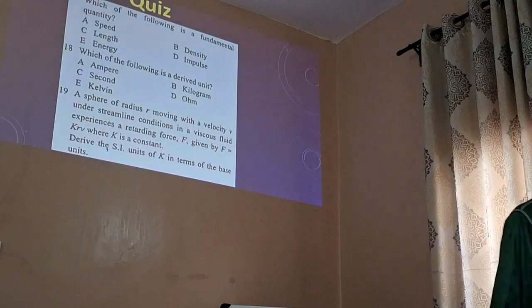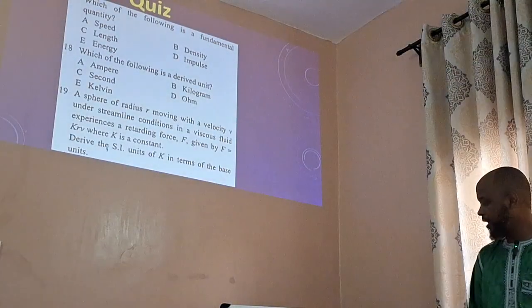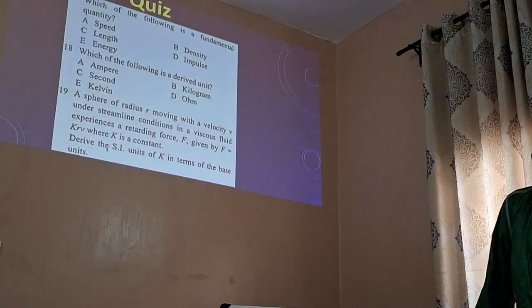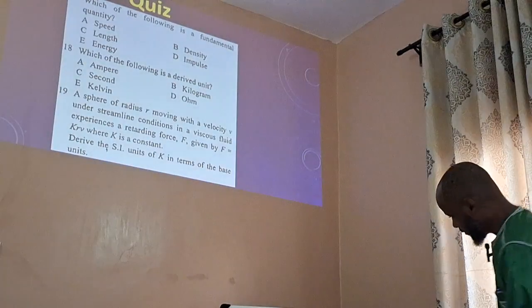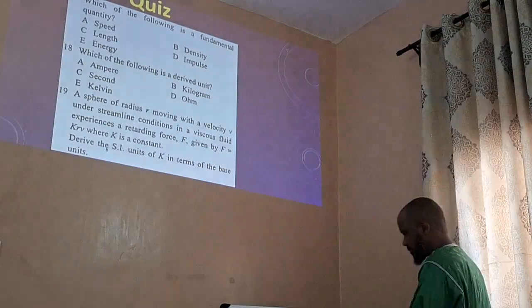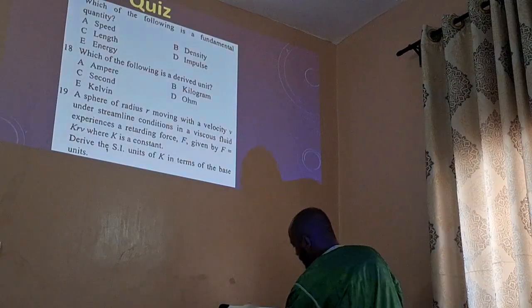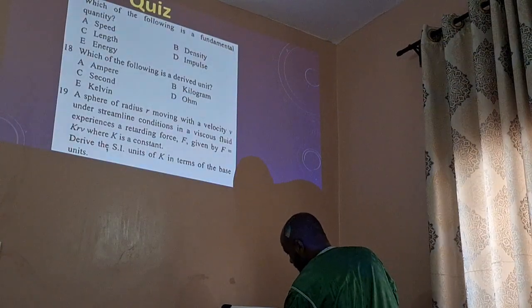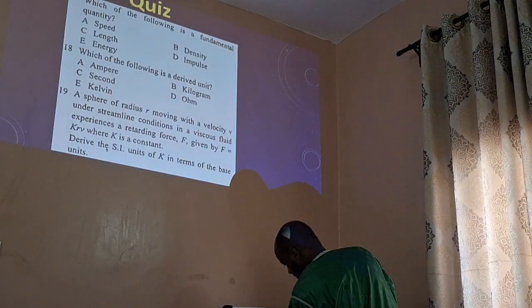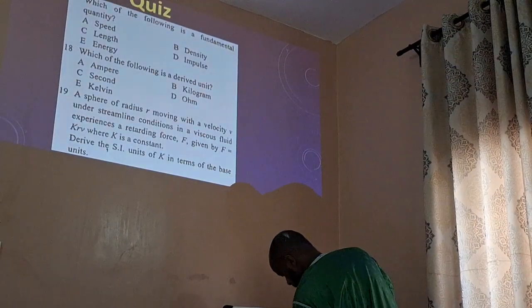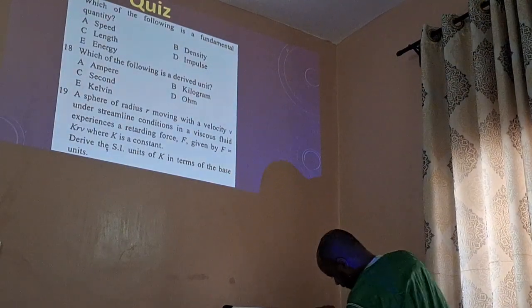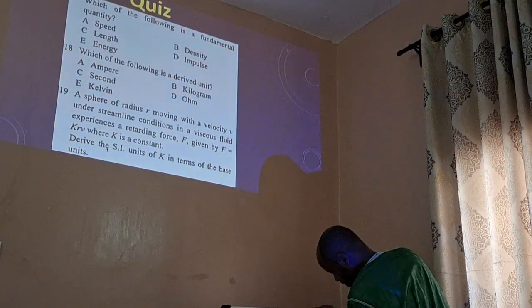K. Find the SI unit of K. You have 2 minutes to work it out.